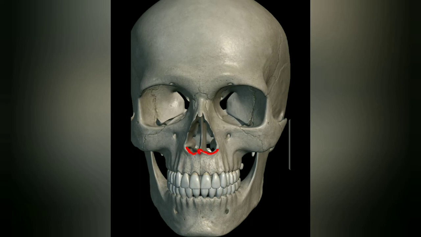The infraorbital foramen, the incisive fossa, the canine fossa, and the various processes of the maxilla bone, that are the first one is the frontal process, the zygomatic process, the alveolar process, and the palatine process, which can be seen from the Norma basalis. Coming to the next bone, that is the mandible bone.